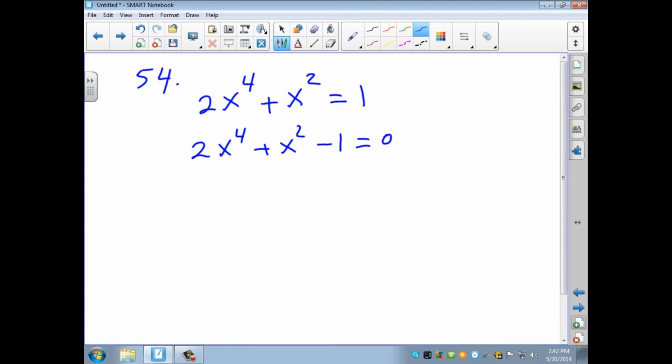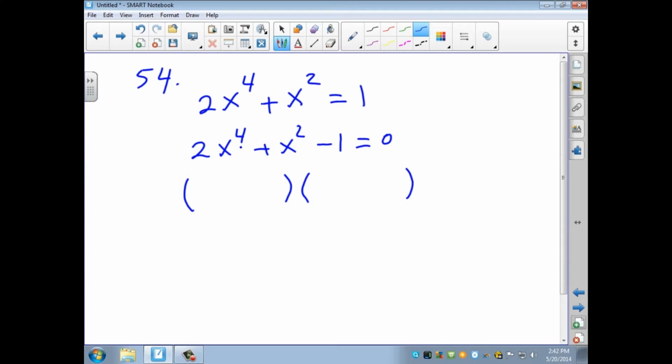Okay, this is not a quadratic equation. You have the power of 4 here and the power of 2 here. One way I can look at this is that it would be solved for h squared. In other words, I can use this as a trinomial.